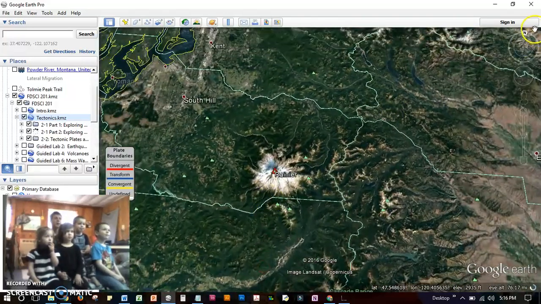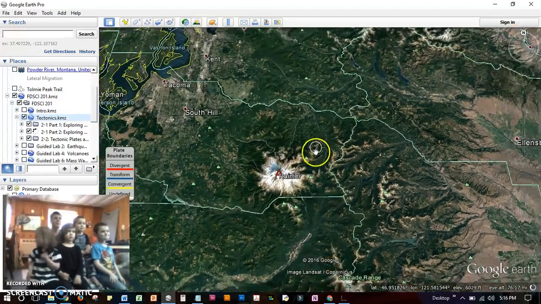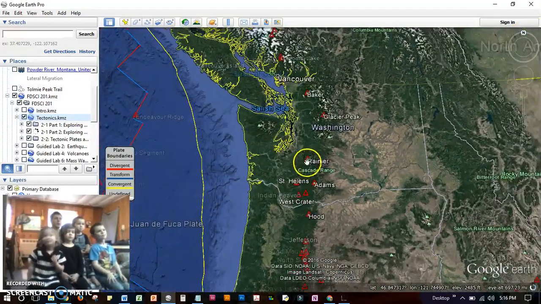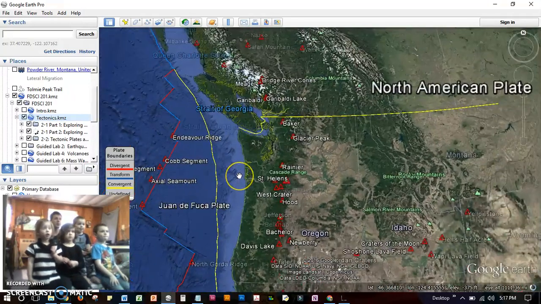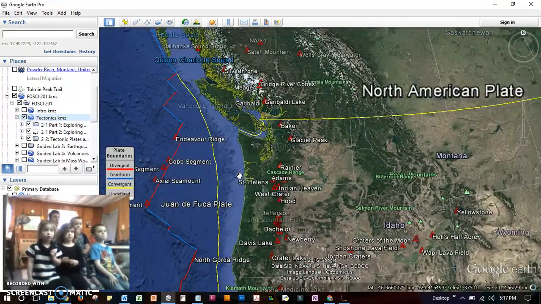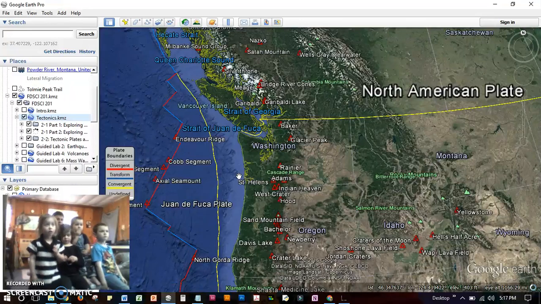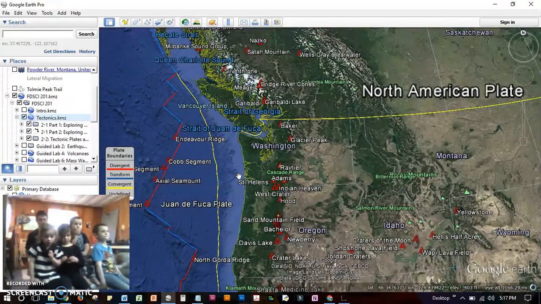Okay. Now, all of these red triangles are volcanoes, but we're not going to be talking about volcanoes today. You guys remember when we watched a video one time about how the Earth is made up of lots of plates? Plates that move around?